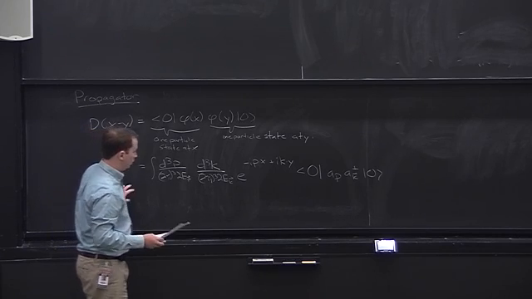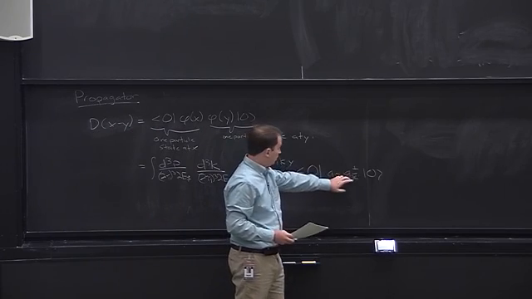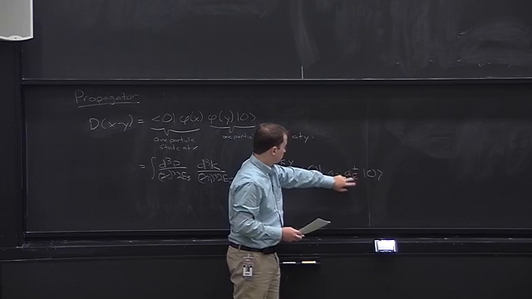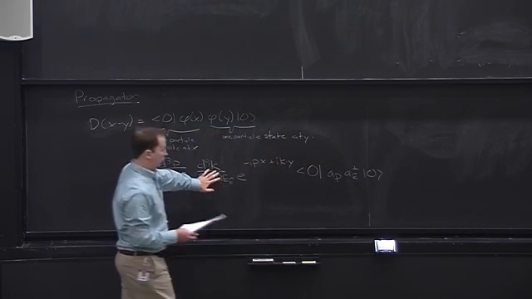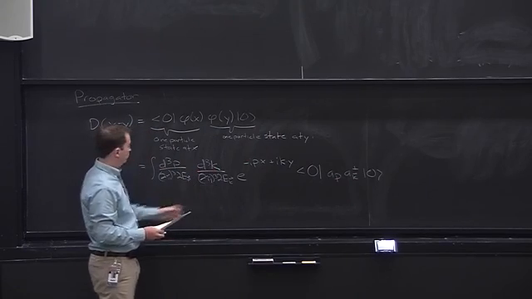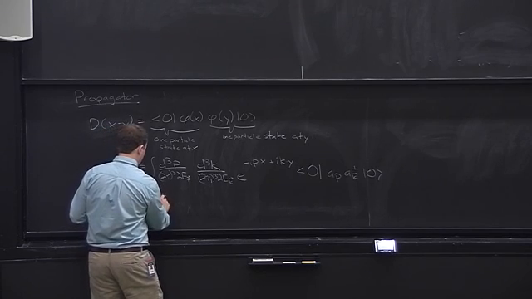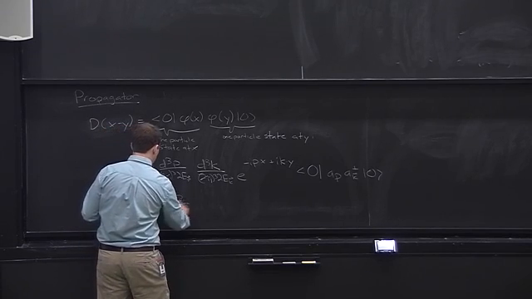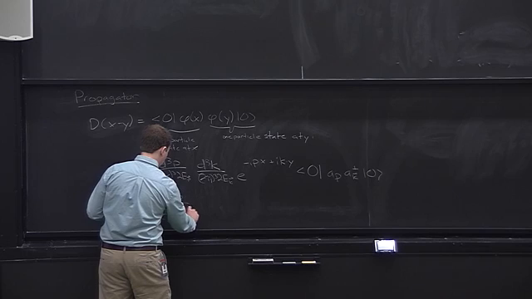This is a calculation we've essentially done many times. We can just use the commutation relations, killing one of the measures and setting p equal to k. And so what we get then is this.